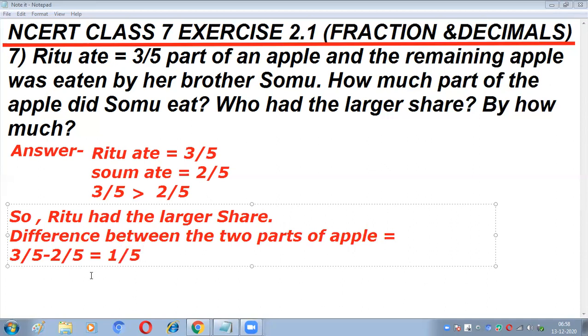The denominators are the same, so there is no need of finding the LCM. So 1 by 5 is the answer.